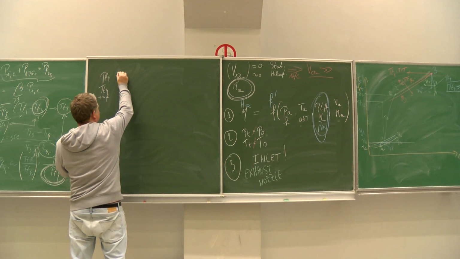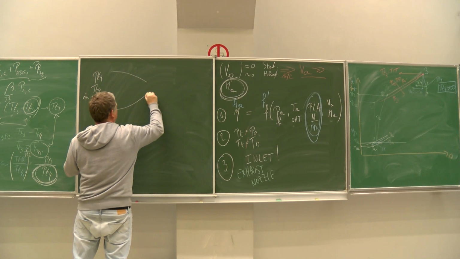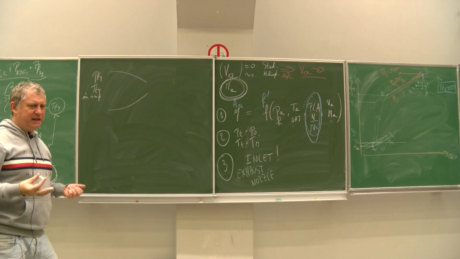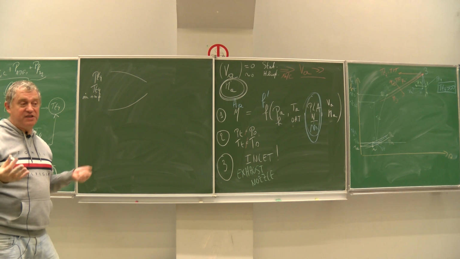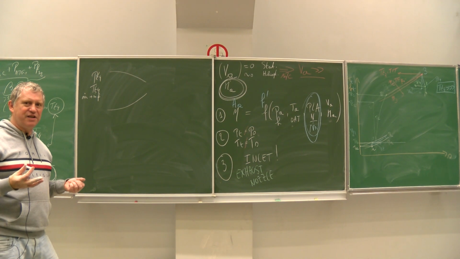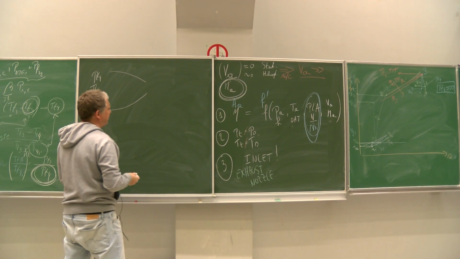And what is happening in this nozzle? The nozzle that I'm considering is the simplest nozzle that we can imagine. We will see if it's not enough, but there is no reason not to consider the easiest nozzle that is possible, which is a pure converging nozzle.